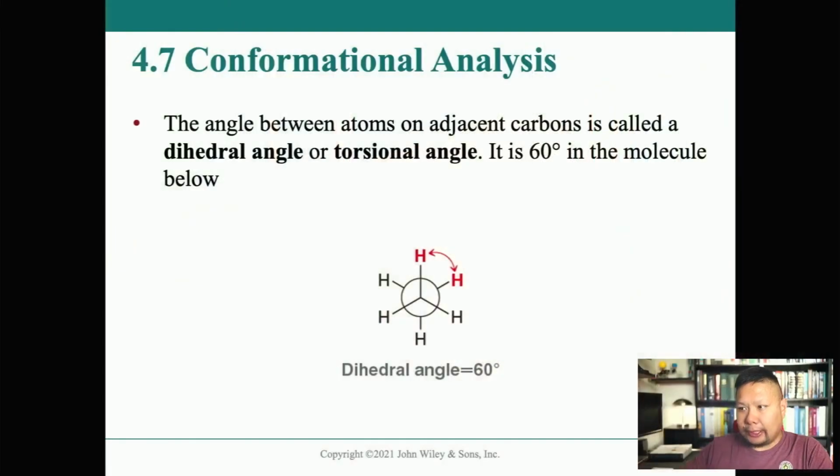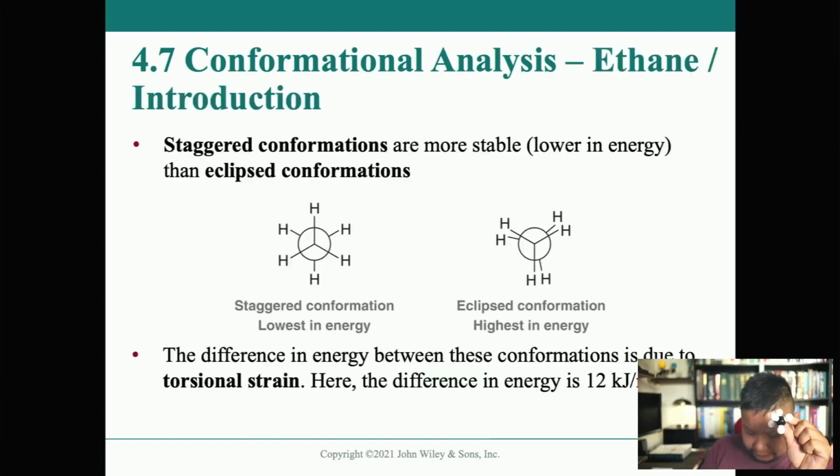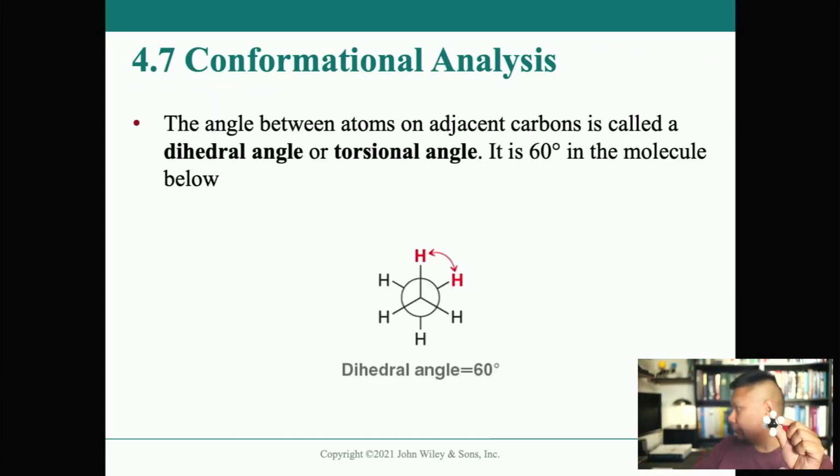So the dihedral angle for the ethane being staggered like this, the angle between the two hydrogens from the front and back carbons, is 60 degrees. Whoops, I always forget to put in my drawing thing.